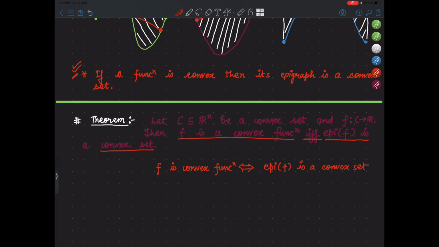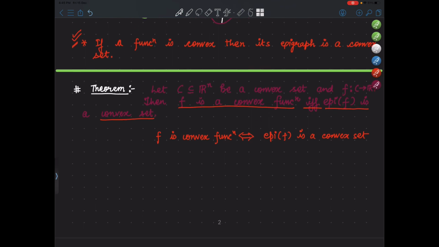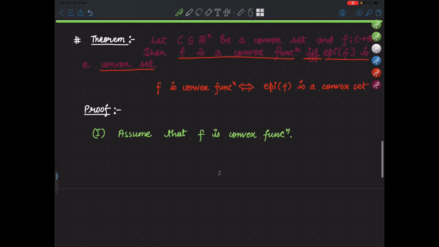As you know, because it's if and only if, this will be proven in two parts. So let's look at the proof of the theorem. This is the first part. Assume that f is a convex function.